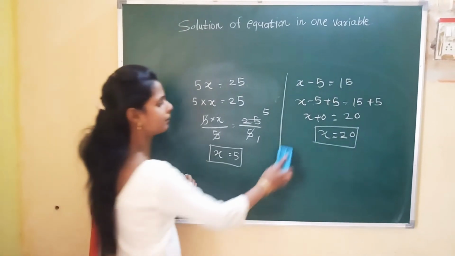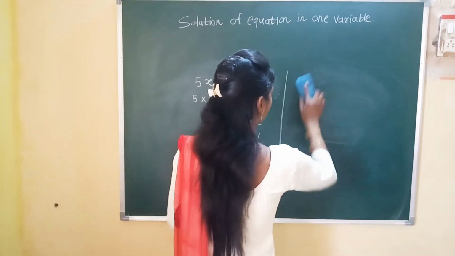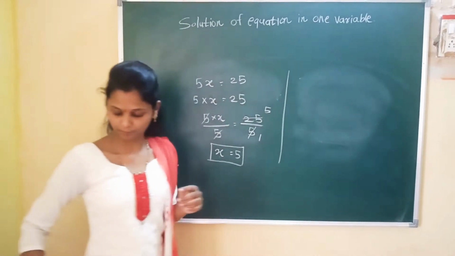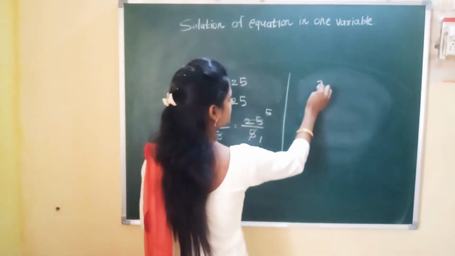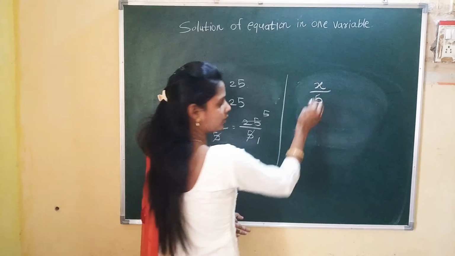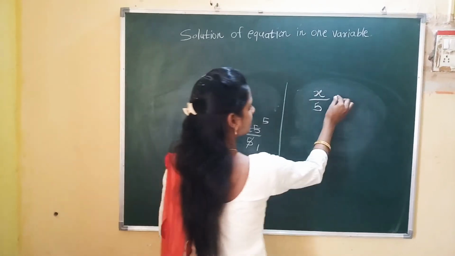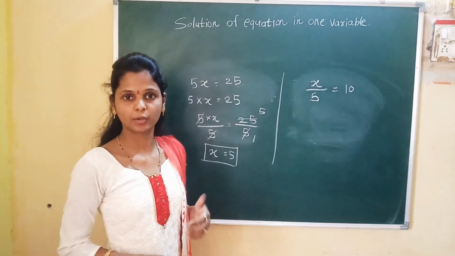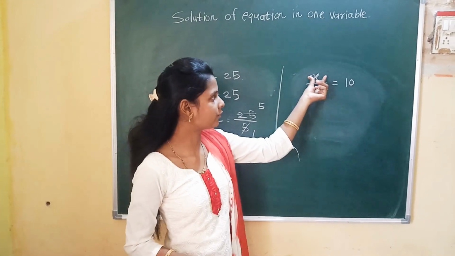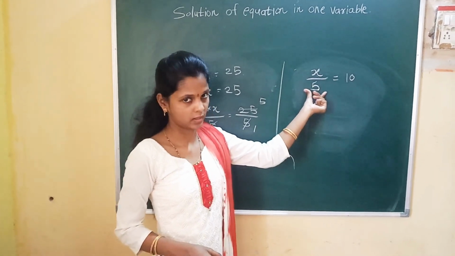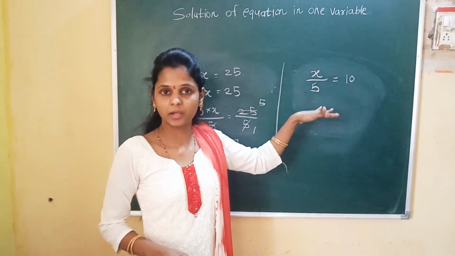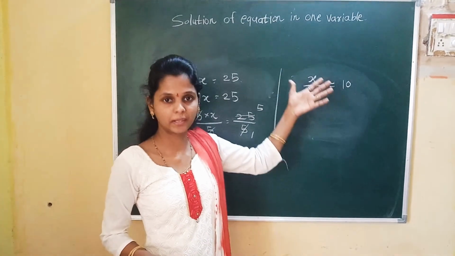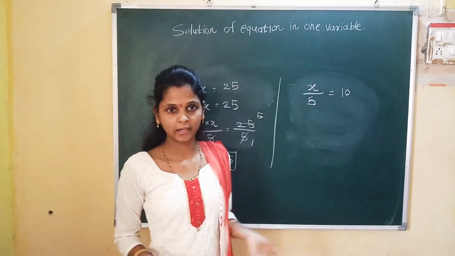Now you have seen the multiplication. Now I will show you how to do the division. Suppose here is an equation: x upon 5, x divided by 5 is equal to 10, which means I have to cancel this 5. As 5 is in the division, I have to multiply here so that this 5 will get cancelled.